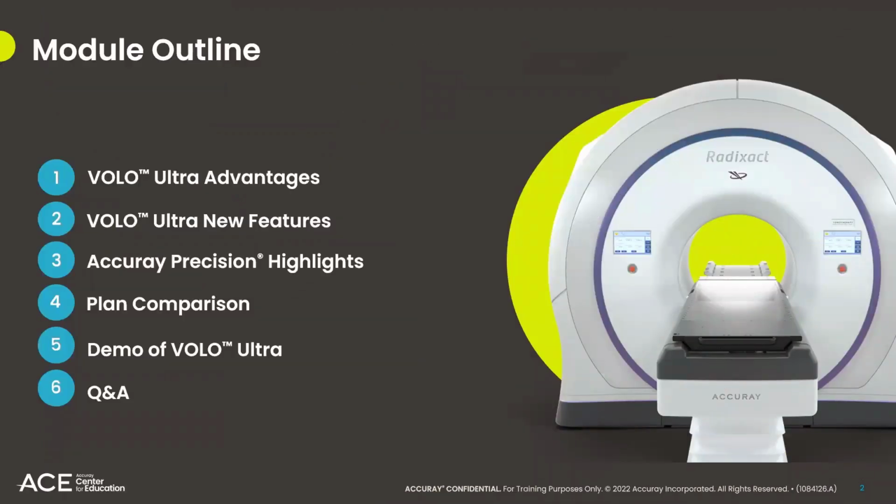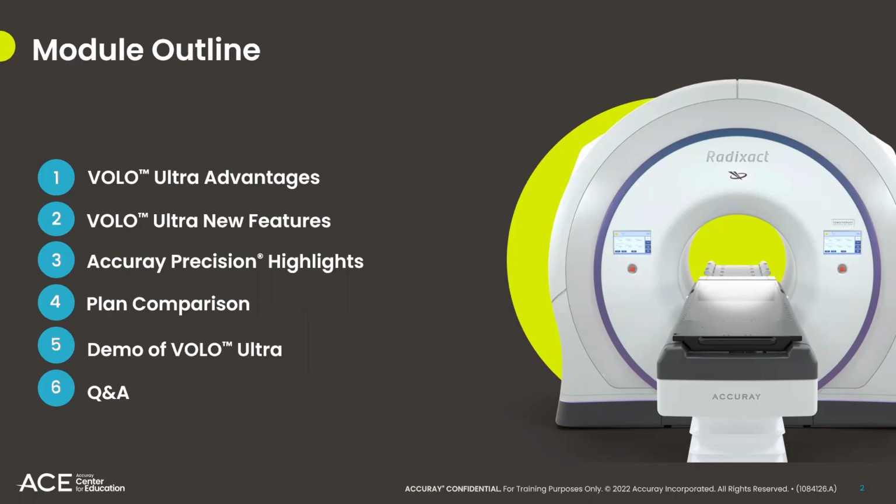So before I get started, let's quickly go over the areas that I plan to cover today. So we'll first look at the advantages of VOLO Ultra planning system and what it can mean for you and your clinic. We'll then go over the new features that we've added to the software. I'd also like to do an overview of a few features that our precision software provides.